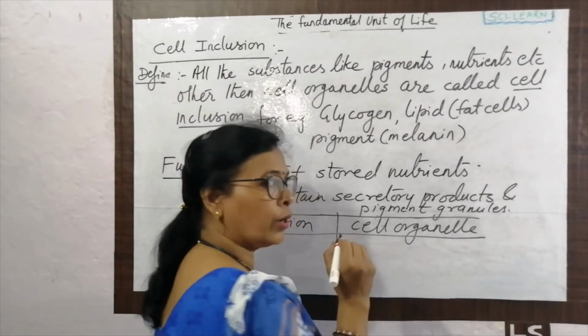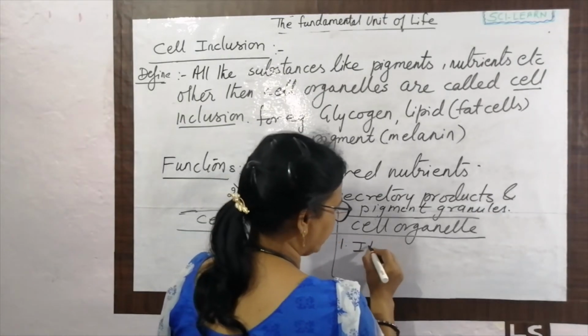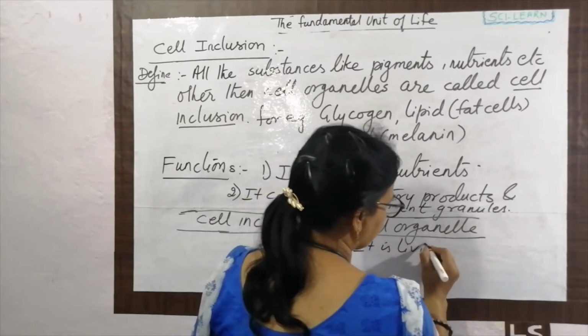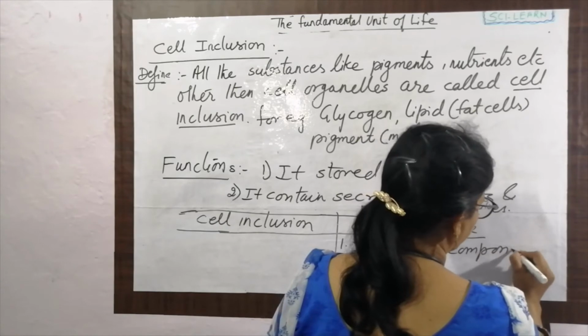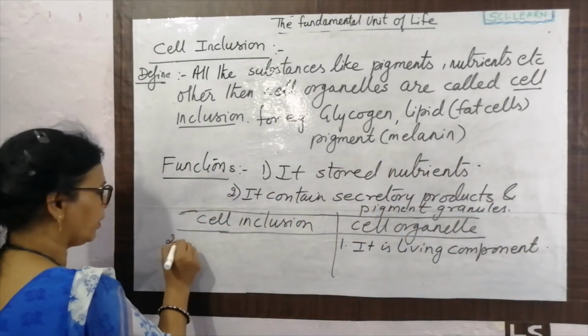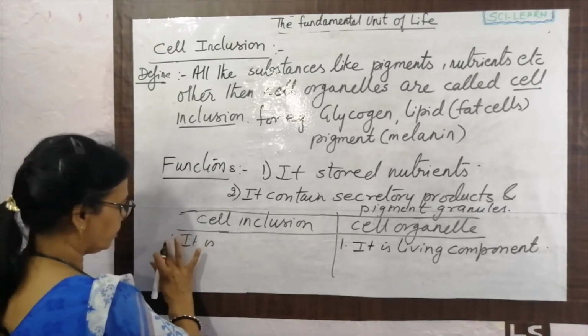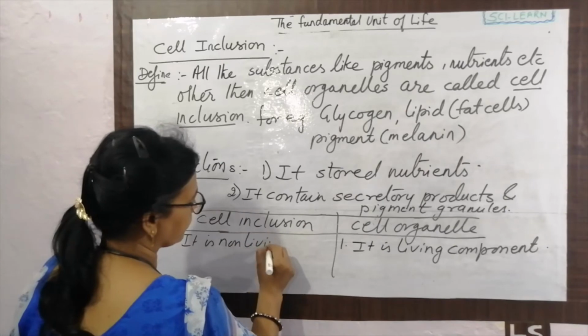Cell organelles are living material. It is a living substance, living component. And what about the cell inclusion? It is a non-living component.